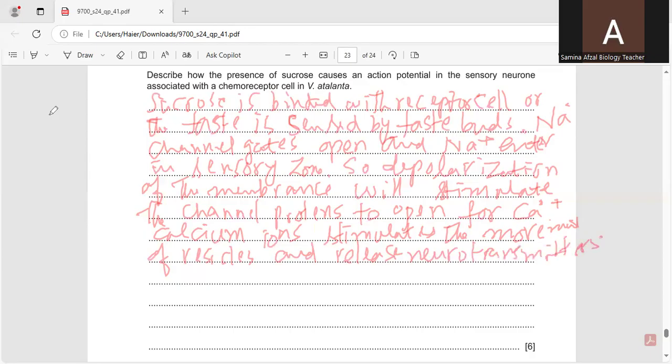Neurotransmitters, we know, are chemical messengers, released by exocytosis.